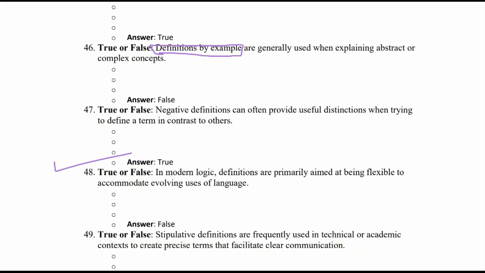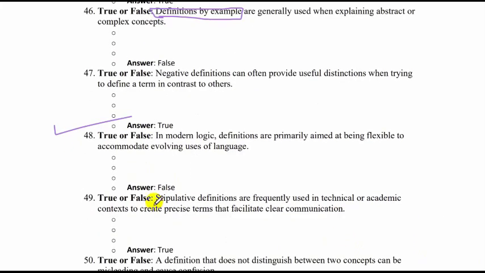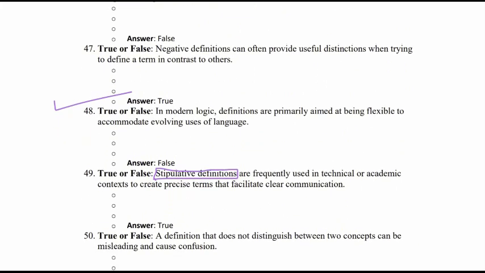I think it's false. Oh, it's true. So again, I need to brush up on my different definitions. A definition that does not distinguish between two concepts can be misleading and cause confusion. True.